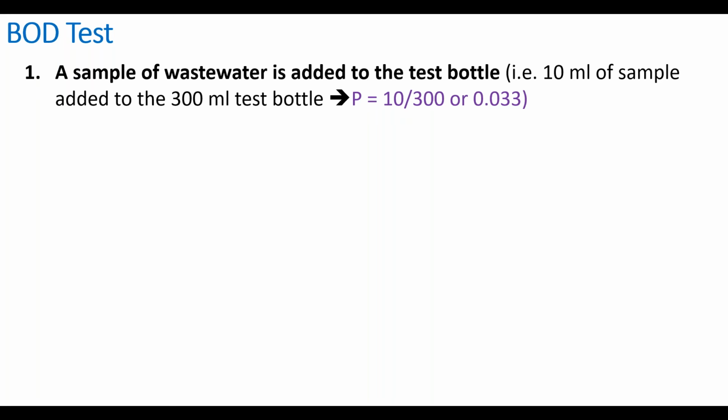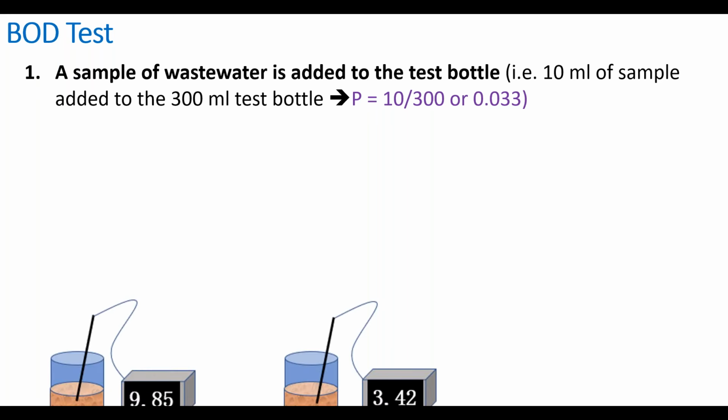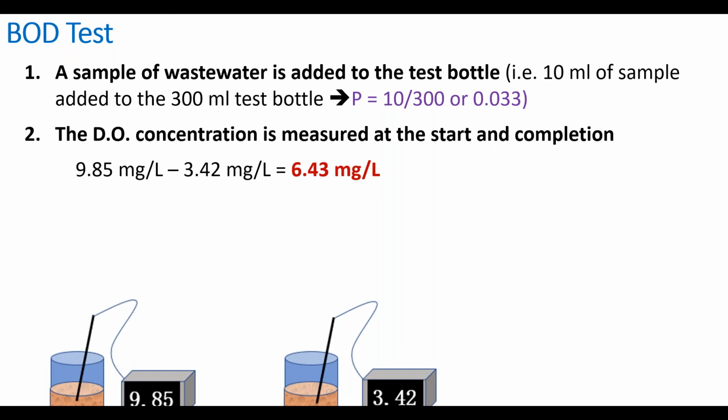So we find out this 10 milliliters, 10 divided by 300, is 0.033 of the sample. We're going to use that again in a second. Then you look at the dissolved oxygen at the beginning of the test and at the end. In this example, we started out with 9.85 milligrams per liter of DO and ended up with 3.42 milligrams per liter. So we had an oxygen demand of 6.43 with that 10 milliliter sample.